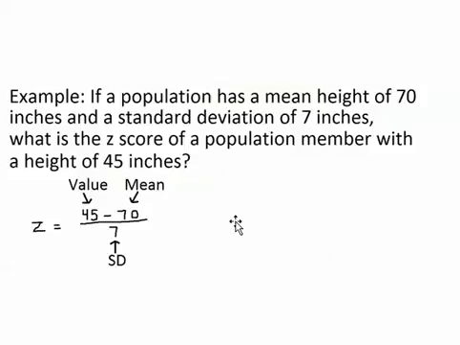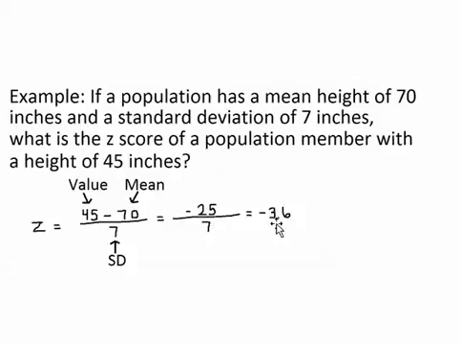So we can do this in just a few steps. First, we have to subtract on top of the fraction. So 45 minus 70 equals -25. Now that we've subtracted on top of the fraction, we just divide by the standard deviation on the bottom. So negative 25 divided by 7 is negative 3.6.